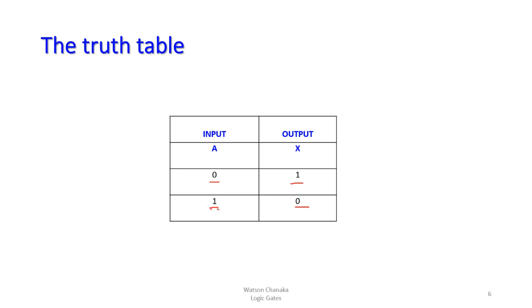Either you're going to get a high value, you're going to get a low value, or if you want to say if you put a true value, you're going to get a false value. So this is what we call a truth table. It shows us every outcome of our logic gate. So it only works with two values, either a 0 or a 1. These are what we call the binary numbers.